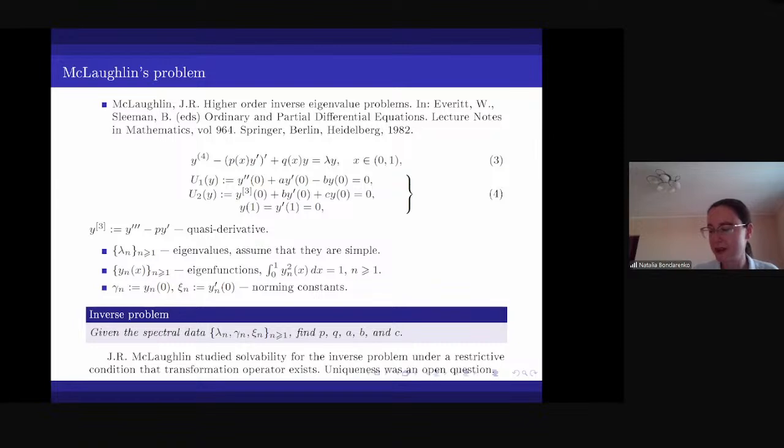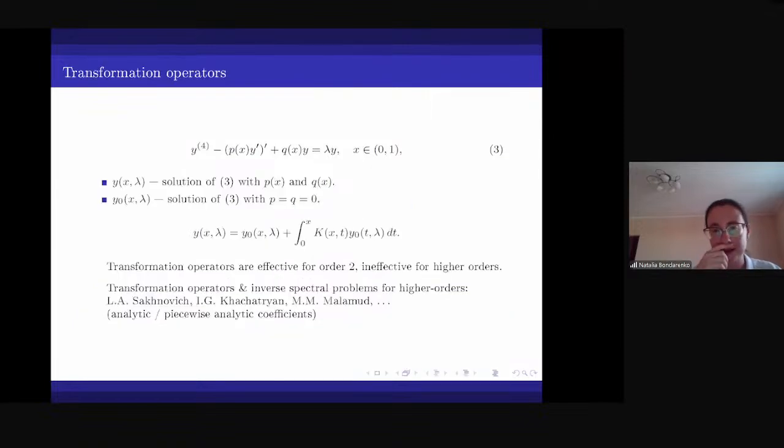But before discussing my results, I'll tell a couple of words about transformation operators. What I mean by transformation operators. Consider some differential equation, for example, equation (3), or it can be some other equation with some coefficients. Let y be its solution, and y_0 be a solution of the analogous equation with zero coefficients.